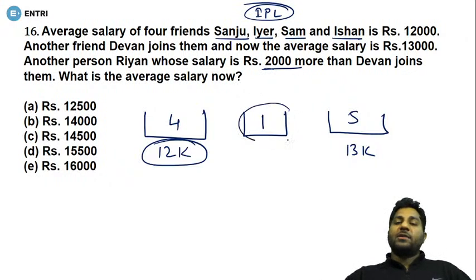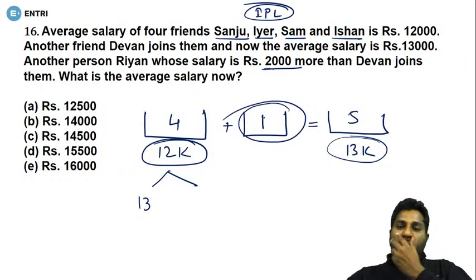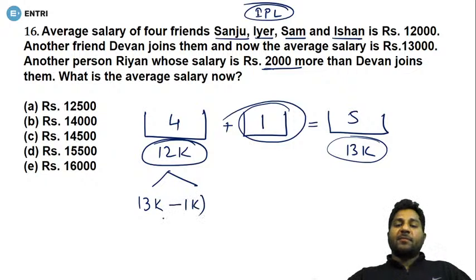So let's find out Devan's salary. How are we going to find it? We compare with the 13,000 value, because 4 plus 1 makes 5. From 13,000 we have been less by 1,000.